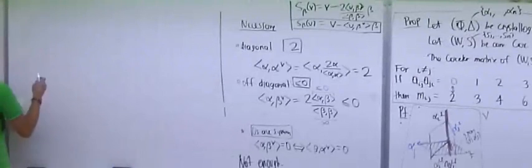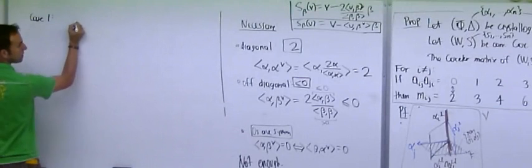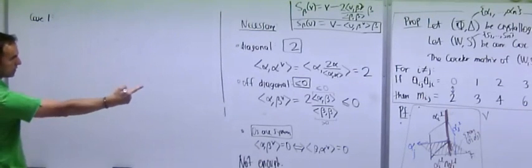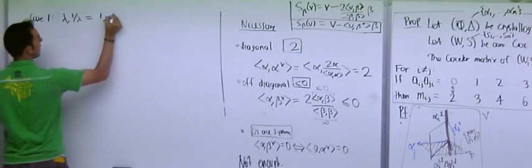So let's come here to the first case. So case 1 is that lambda and 1 over lambda are 1 and 1.